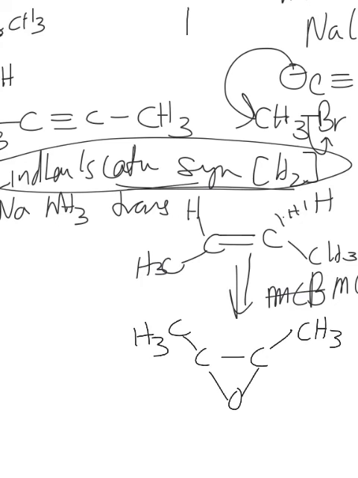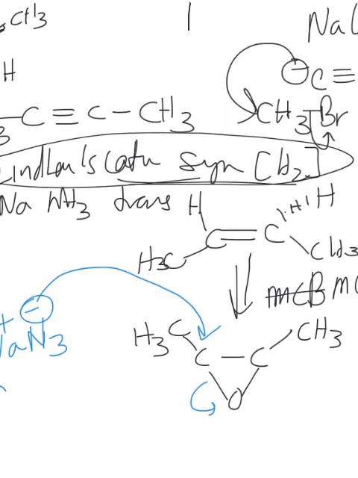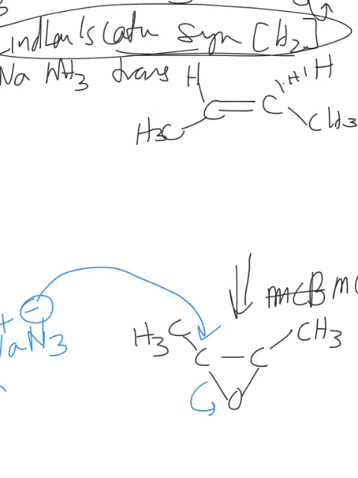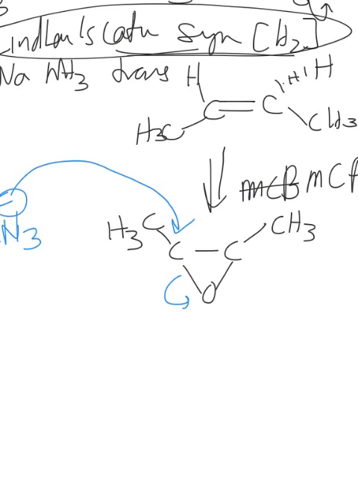Now you're going to come in with a sodium azide, which you learned from chapter 6 is a great nucleophile, and this is going to go into an SN2, and it's going to do a backside attack. And so when it does this backside attack, it's going to put an N3 there, and let's say this goes down.